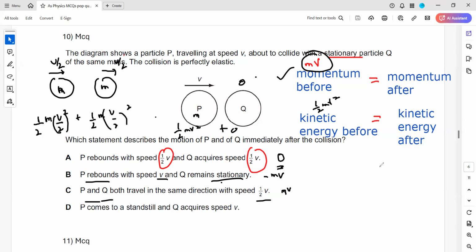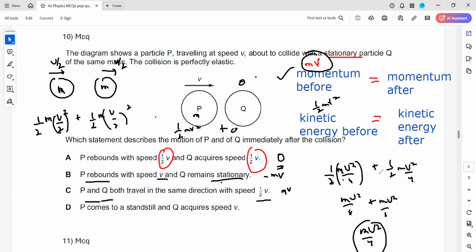square. So when we simplify this, I will solve here. This will become half m v square by 4 plus half m v square by 4. So this will be mv square by 8 plus mv square by 8. When you add them, this will give you mv square by 4.